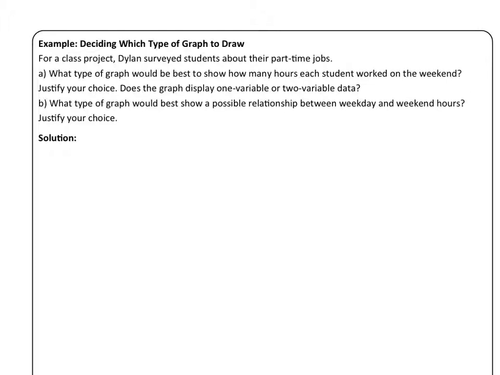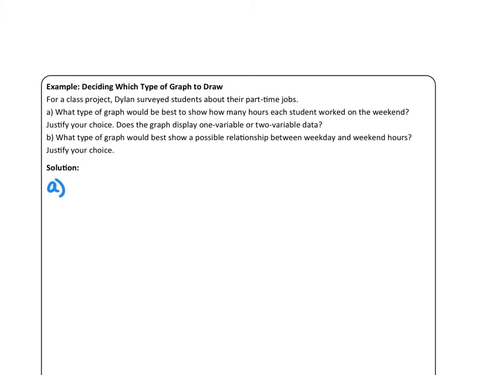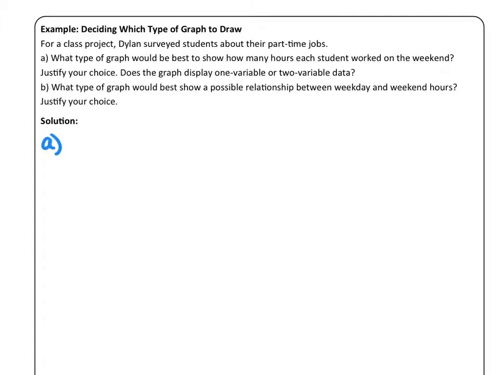Does the graph display one variable or two variable data? So let's look at this one and ask what is it actually measuring? In this case, it's measuring hours worked on the weekend. I don't see in the sentence that there's anything else that he is actually measuring. So this would be one variable data.